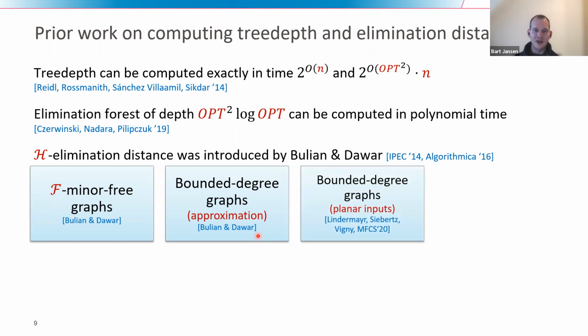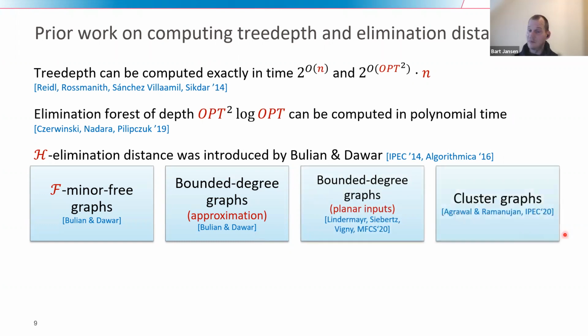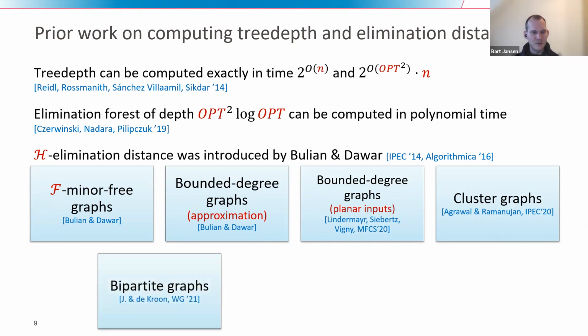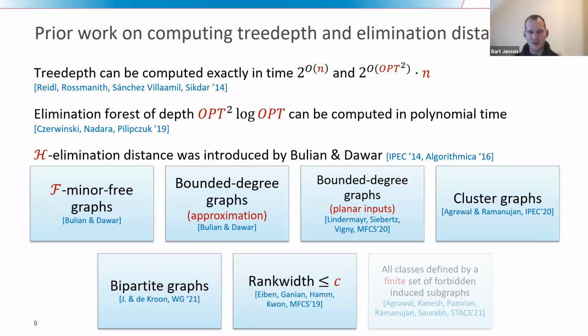There's an exact algorithm for bounded degree graphs with planar inputs from last year. Another author, in part of his work, also worked on cluster graphs with a certain elimination distance. With my student Jansen, co-author of the paper, we looked at bipartite graphs. There's been work for target classes which have constant rank width.